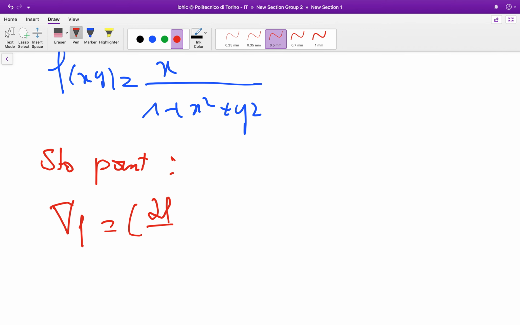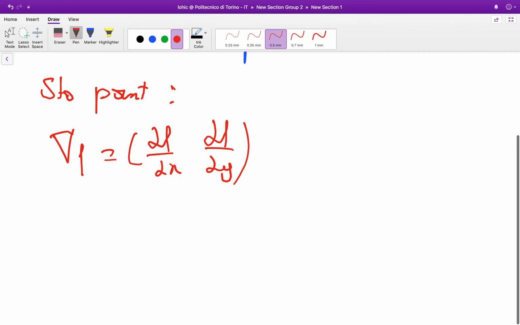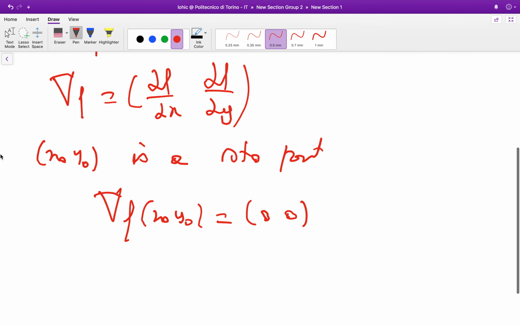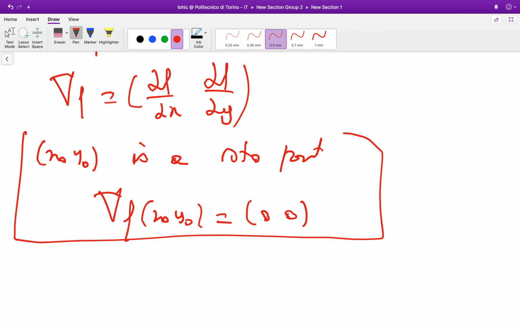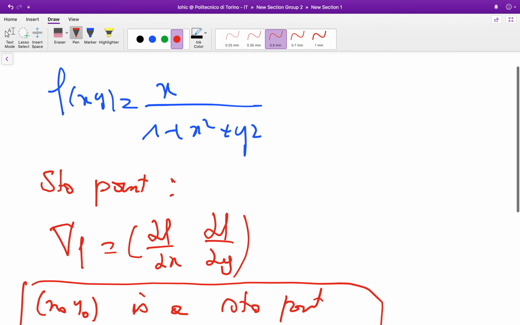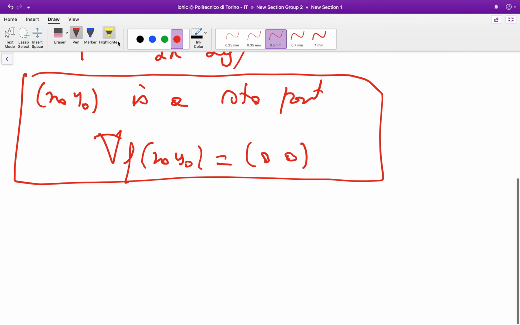That will be the derivative of f with respect to x and the derivative of f with respect to y. Then a point with components x0 and y0 is a stationary point if the gradient at that point gives the null vector. So let's go and find the gradient of this function.